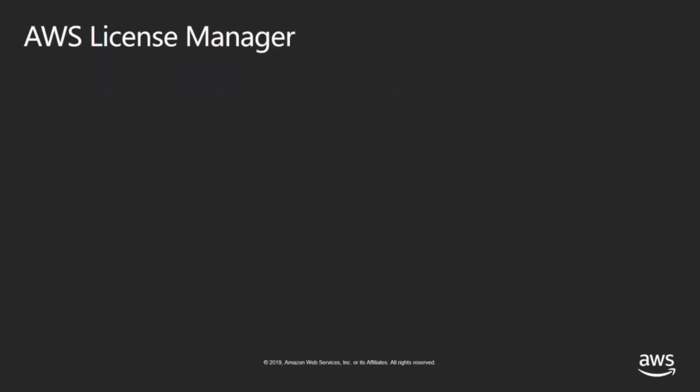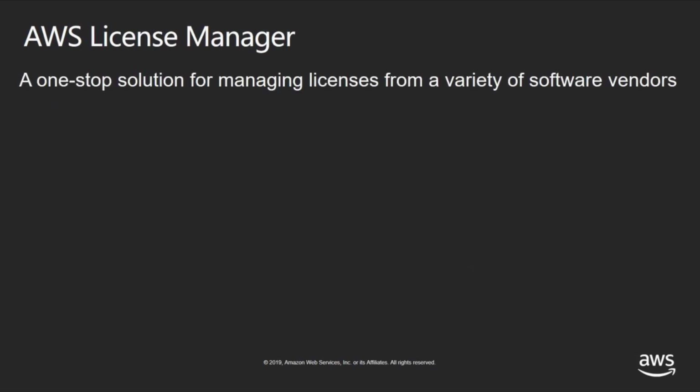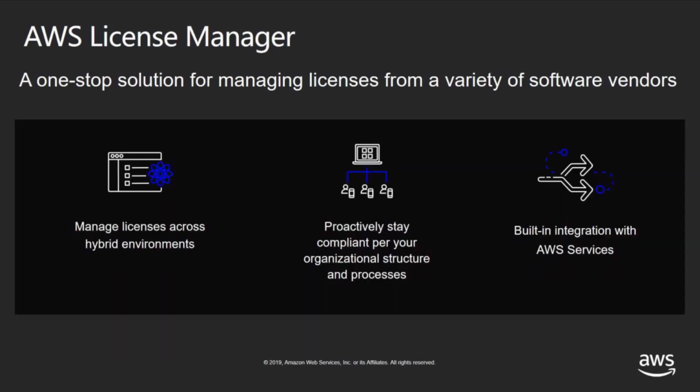With AWS License Manager, customers can easily bring licenses to AWS, remain compliant, and benefit from existing investments in enterprise agreements. License Manager is a one-stop solution for managing licenses from a variety of software vendors such as Microsoft, Oracle, IBM, SAP, and others. License Manager simplifies software license management for hybrid environments across AWS and on-premises.